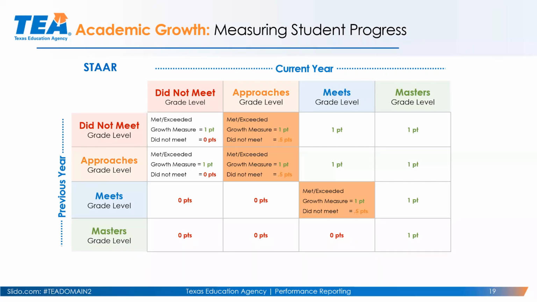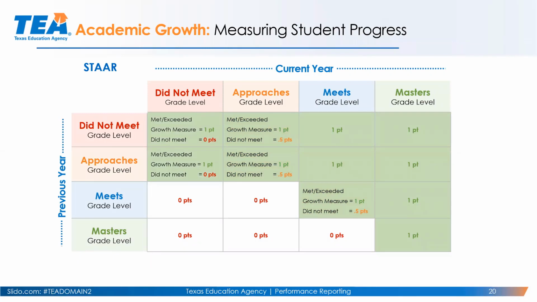However, the student did pass the STAAR test in the previous year at the meets grade level standard and also passed in the current year at the meets grade level standard. So although the student didn't meet growth expectations, the student did maintain proficiency at the meets grade level standard, so the student is awarded half a point of credit.